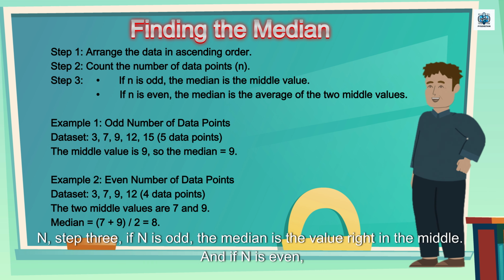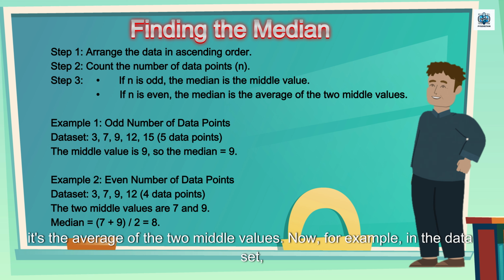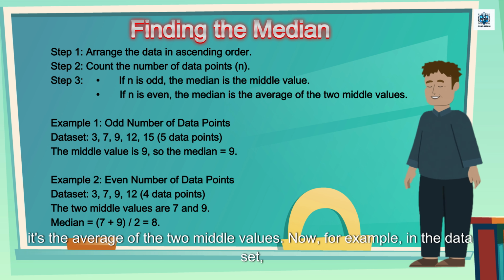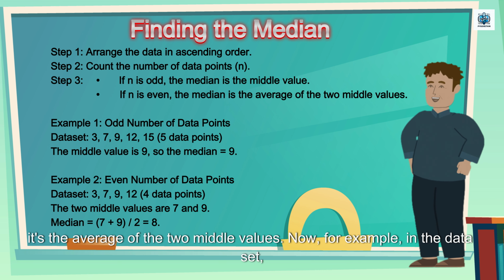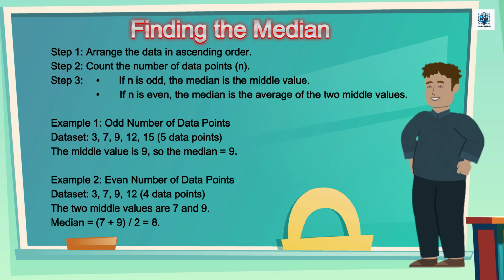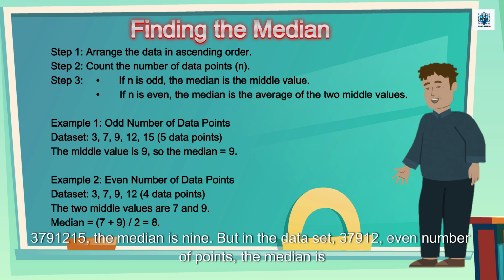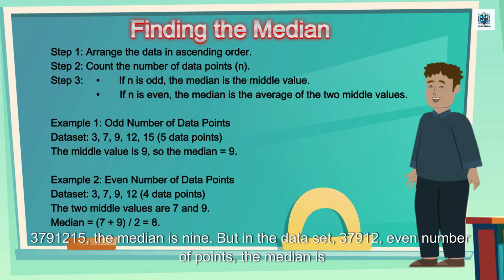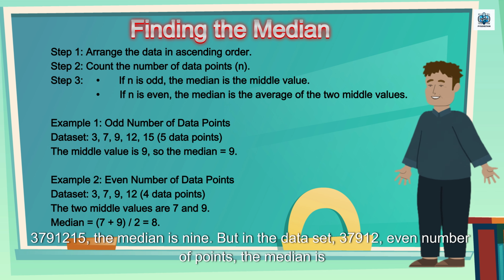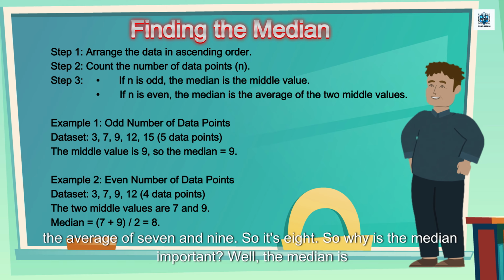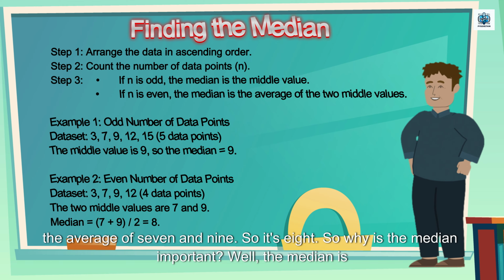And if n is even, it's the average of the two middle values. For example, in the data set 3, 7, 9, 12, 15, the median is 9. But in the data set 3, 7, 9, 12, with an even number of points, the median is the average of 7 and 9. So it's 8.